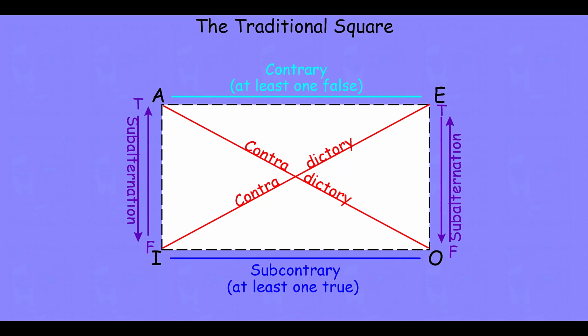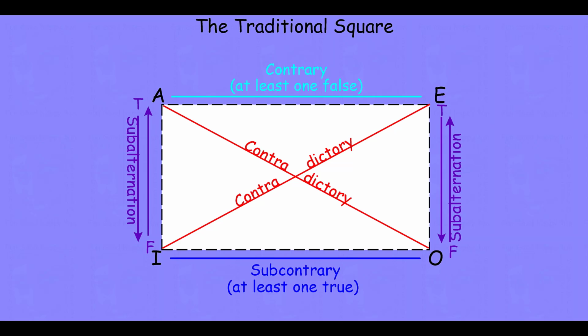The relationship between universal and particular affirmative and negative statements is a little more complicated. It's called the subalternation relation, and it asserts that if a universal affirmative statement is true, the particular affirmative statement is true, and if the particular affirmative statement is false, the universal affirmative statement must also be false.